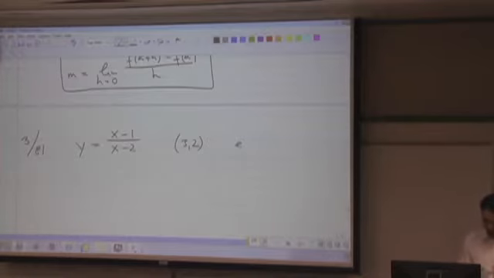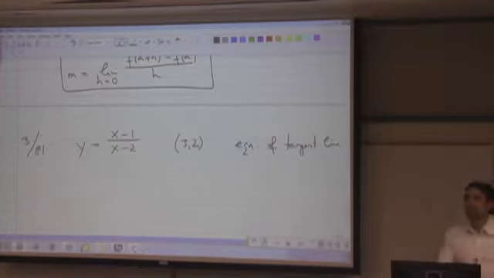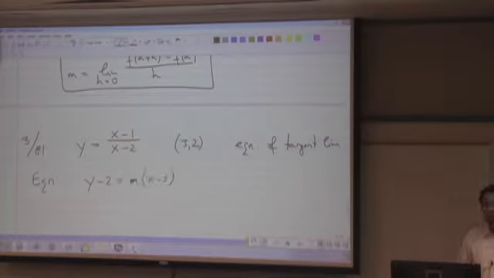So, equation of tangent line. So what do we do? Keep in mind, the equation is of the form y minus 2 equals m times x minus 3, right? We know the point, the only thing we're trying to find is the slope. So the question is, what is m?